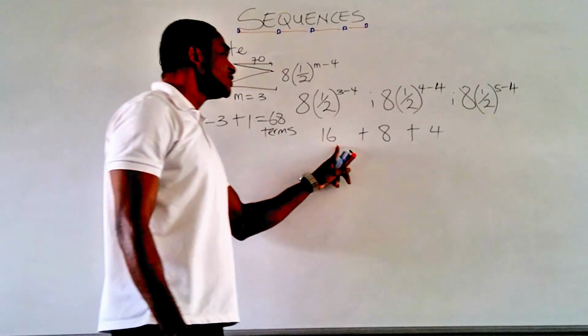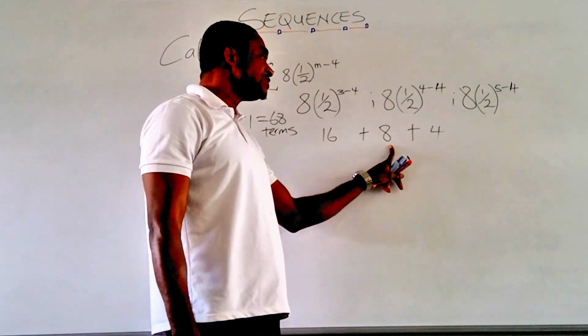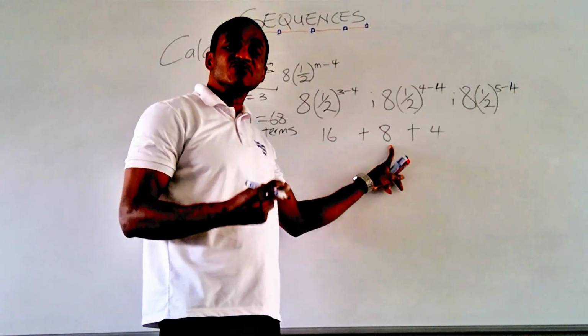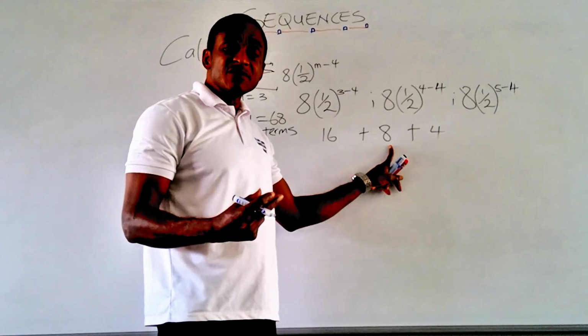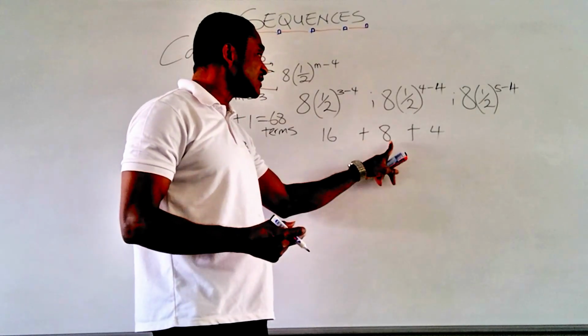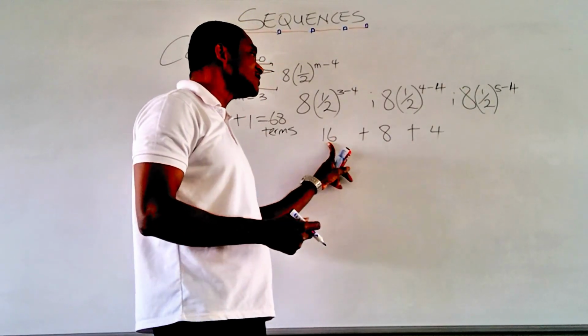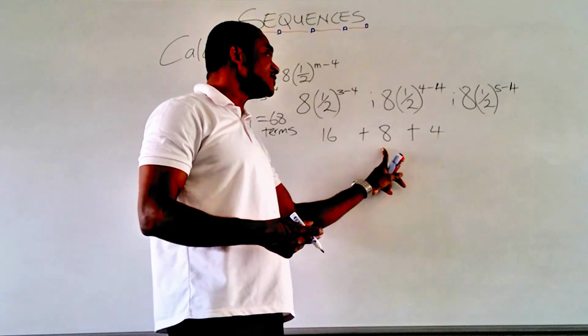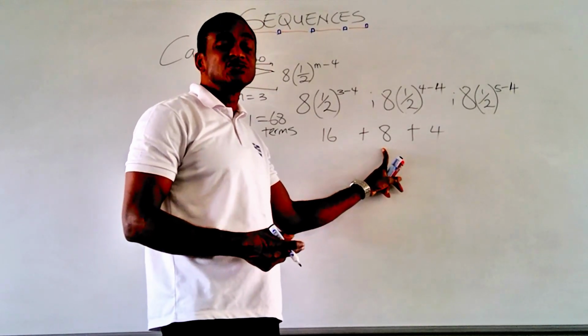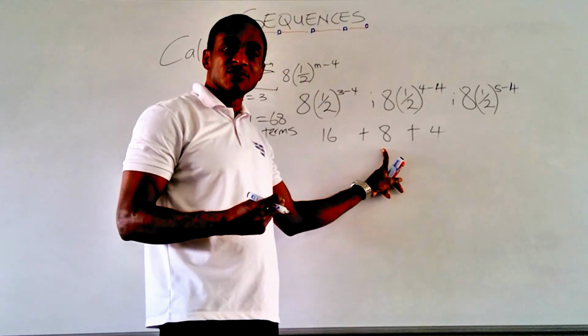And for us to check, we need to check if it's geometric or arithmetic. Always check. Arithmetic, we have a common difference. Like 8 minus 16 is minus 8, 4 minus 8 is minus 4. It is not arithmetic. It doesn't have a common difference.